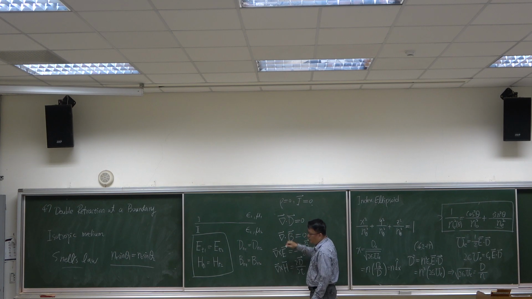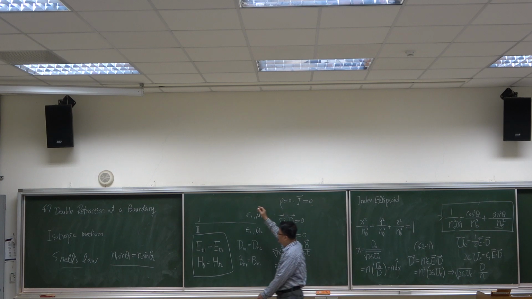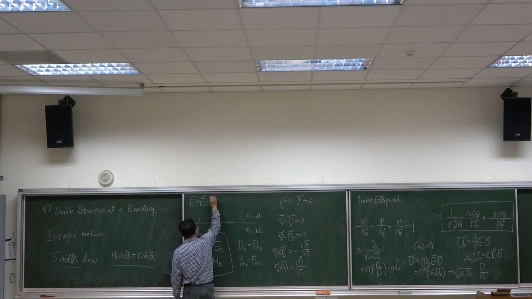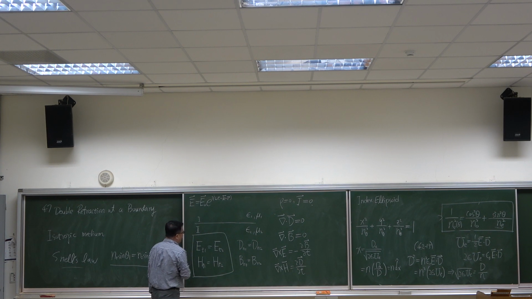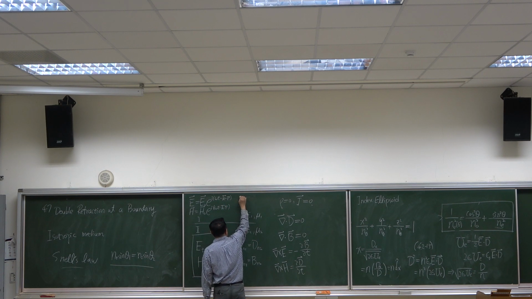If we substitute the form of E by E0 exponential i omega t minus k dot r, the complex representation of the E field, and the corresponding expression for the H, B and D fields.